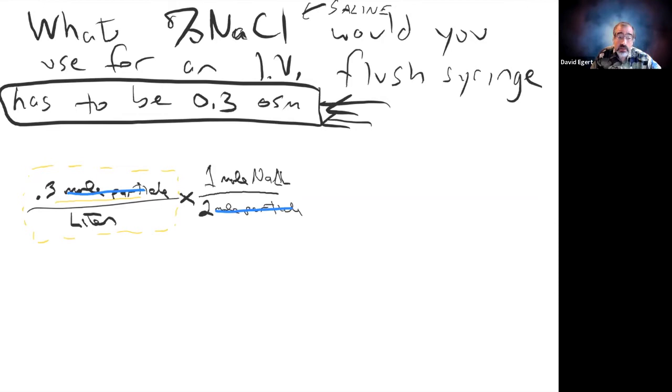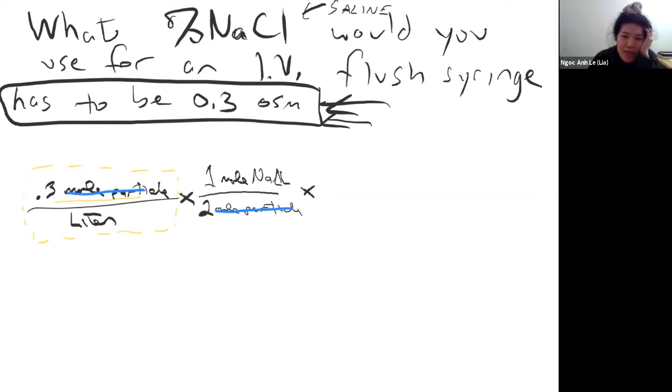Now, I don't want to have moles of NaCl, though. I need grams of NaCl if I'm going to be doing percent solution. So I'm going to need another conversion. How do I convert between moles of NaCl and grams of NaCl? So it would be the molar mass of NaCl over 1 mole of NaCl. Exactly.